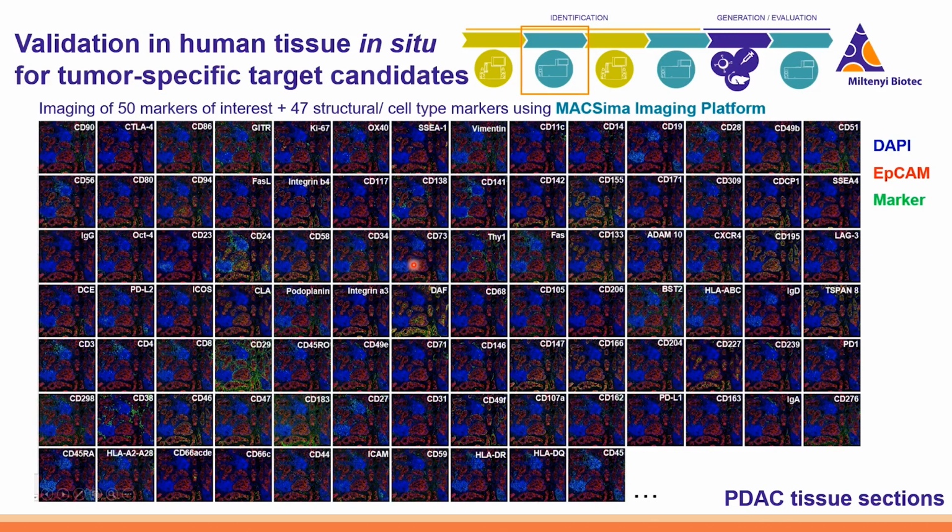And this information is something that is lost using single-cell approaches such as flow cytometry or RNA-DNA sequencing. But Maxima imaging platform allows us to perform spatial biology, looking at the target candidates within the native tumor tissue.